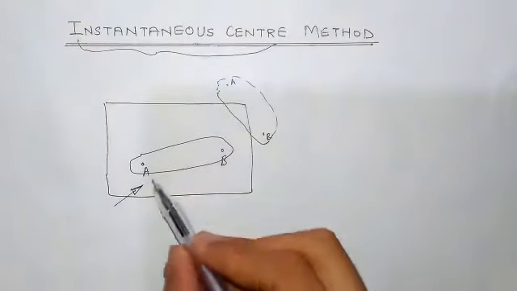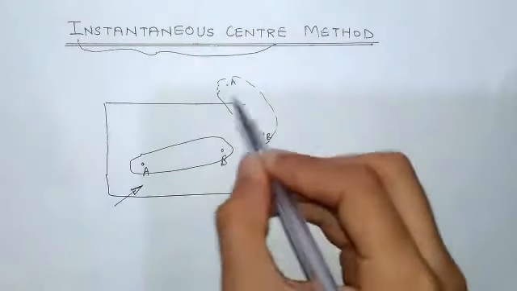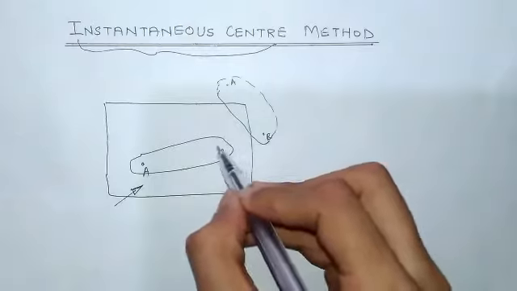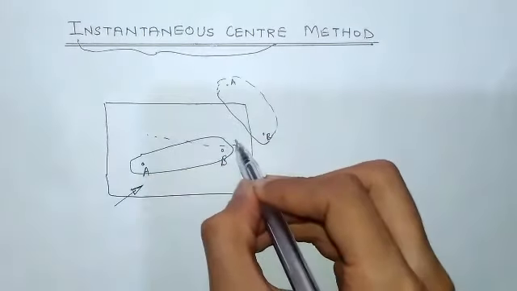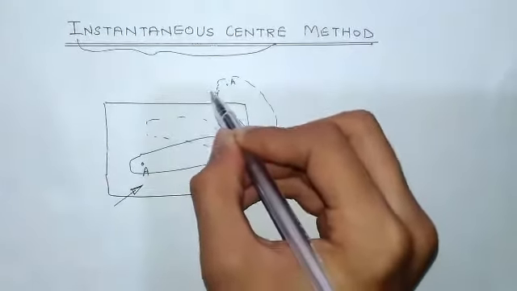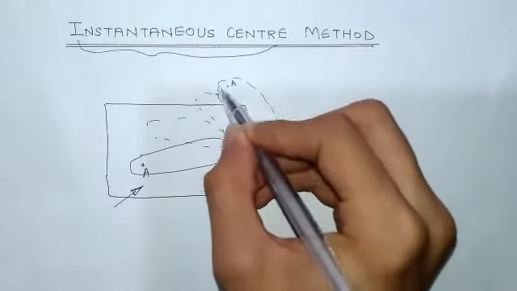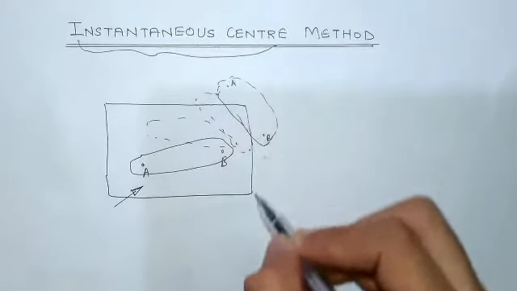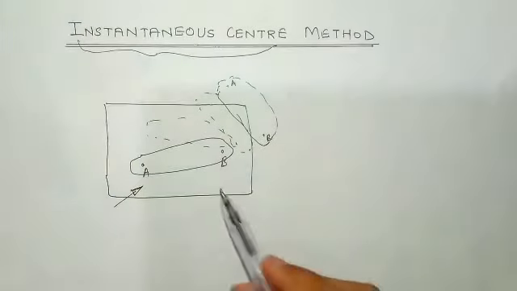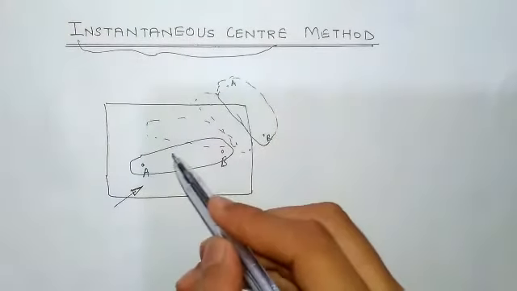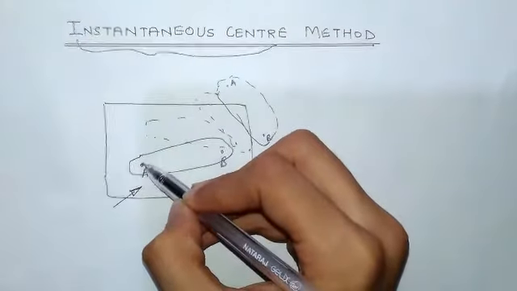If we make a slow motion video of the motion of the body from here to here, we see that at a particular instant the body has taken this position, and finally the body takes this final position.